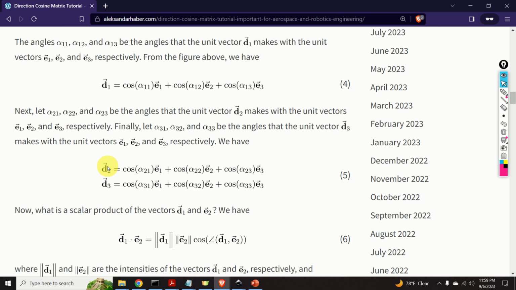That is, we can represent both D2 and D3 by their projections onto the axis of the coordinate system E.